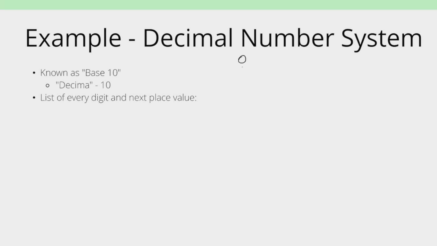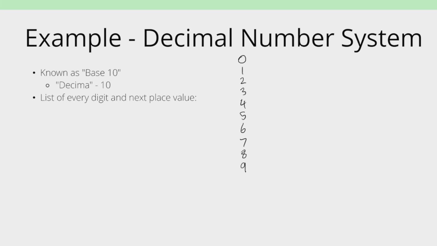Here's 0, 1, 2, 3, 4, 5, 6, 7, 8, 9. I want to represent the next number, but I've run out of digits. What do? We start over, right?